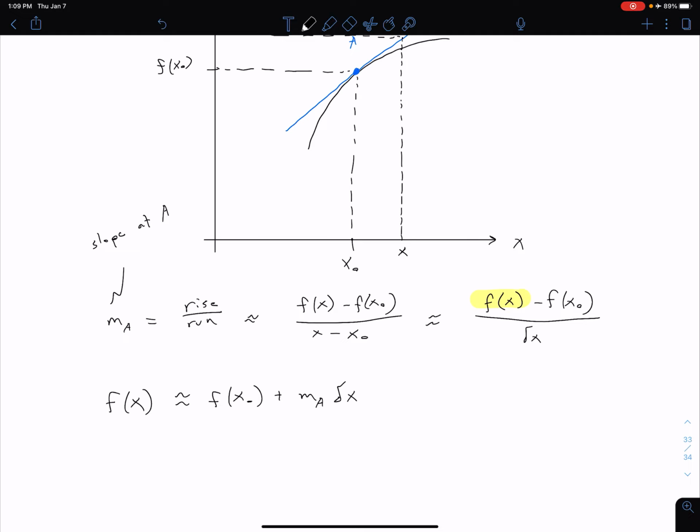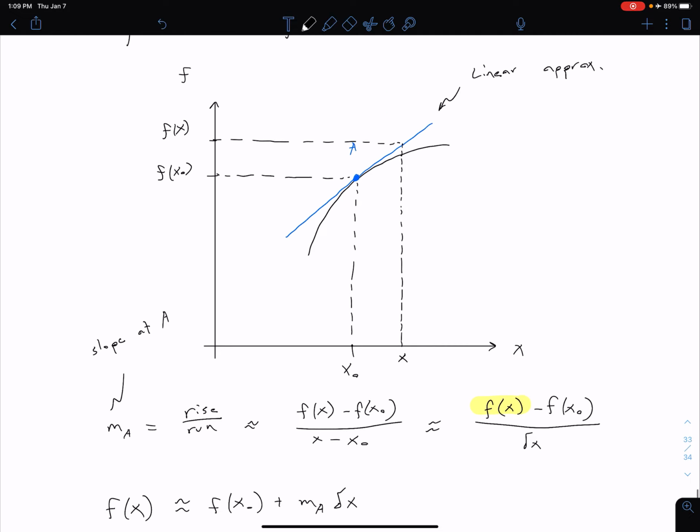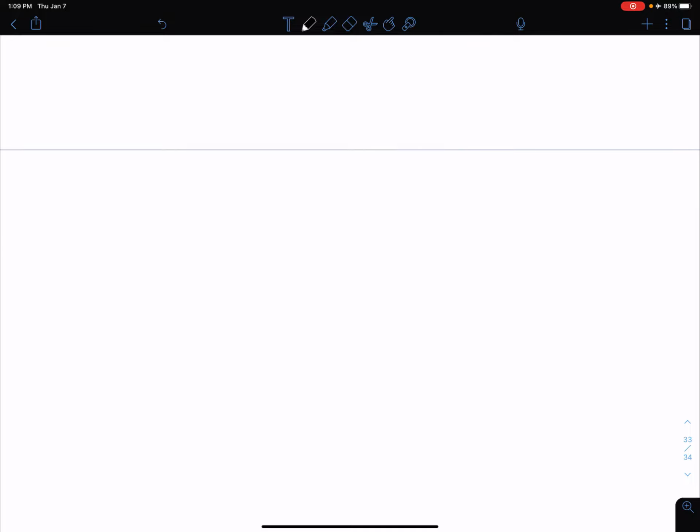That's an informal graphical discussion, so we can get a general idea for what we're trying to do. If we want to formalize this mathematically, we can use something called the Taylor series. We can formalize this with a Taylor series expansion.